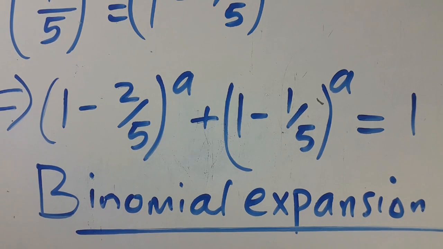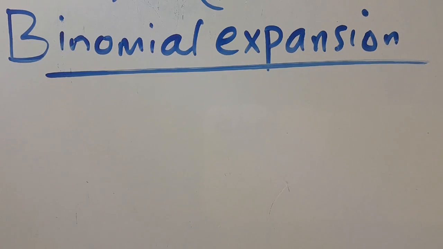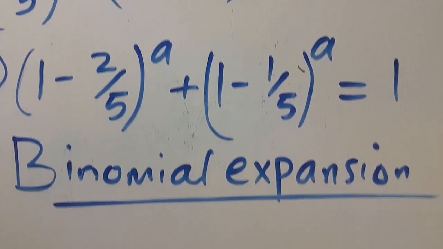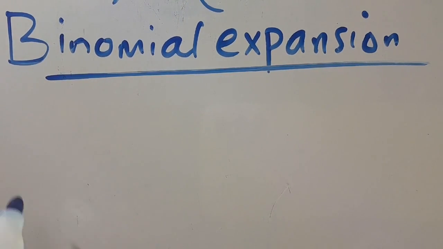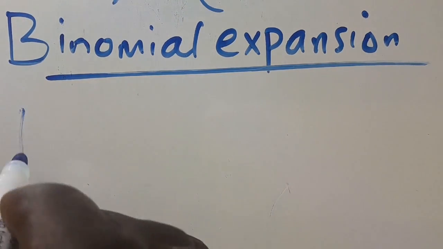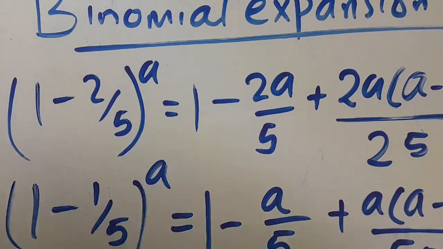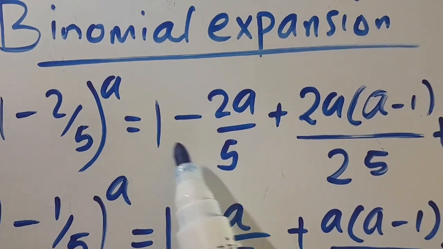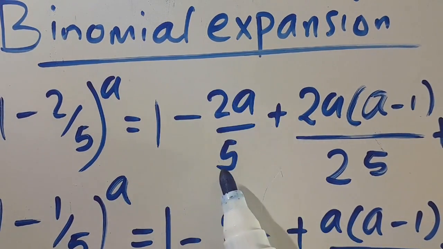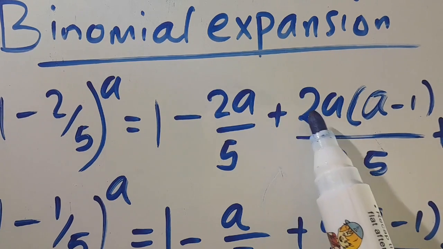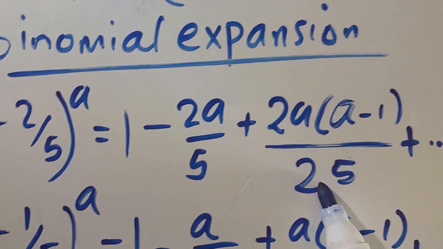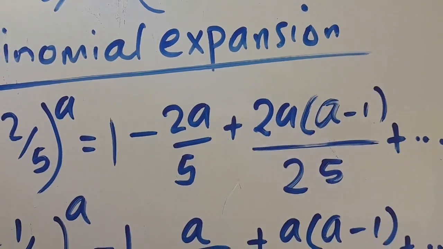so when we apply this binomial expansion, from here we have, therefore, the binomial expansion for this equivalent to 1. Then the binomial expansion for this is given as 1 minus 2a divided by 5 plus 2a(a minus 1) divided by 25 plus dot dot dot.